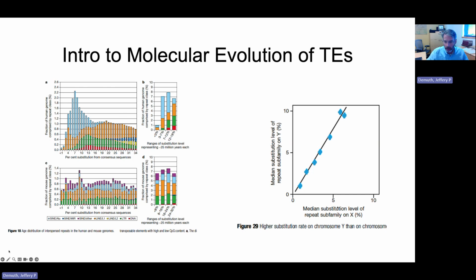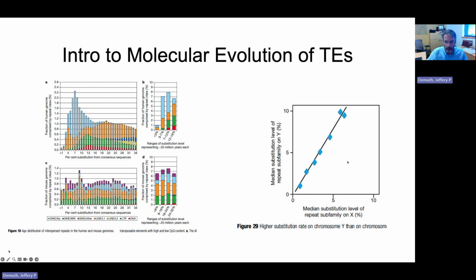We won't get to it, but hopefully in this lecture you'll see applications like the one on the right, which comes from the Human Genome paper. It was one of the first examples that showed that males have a higher mutation rate than females.